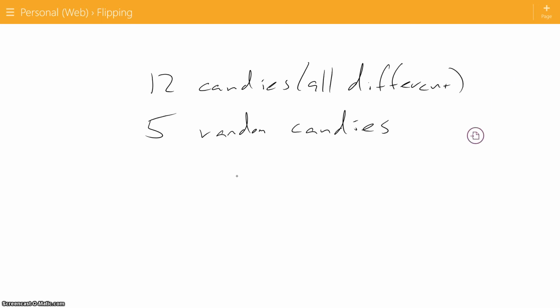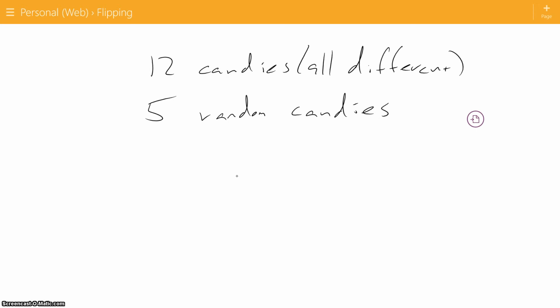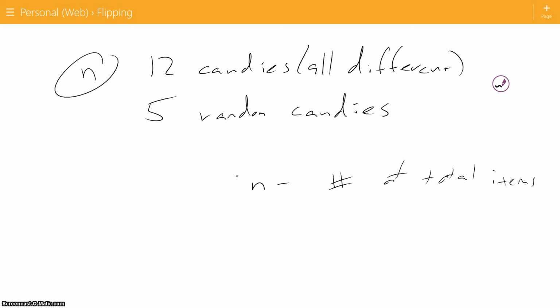So we're going to stick with our conventions of naming the total number of items. Okay, so n is our number of total items. So in that case, that is 12. So 12 is our n. And we're going to have r again. R is just our number of items grouped.